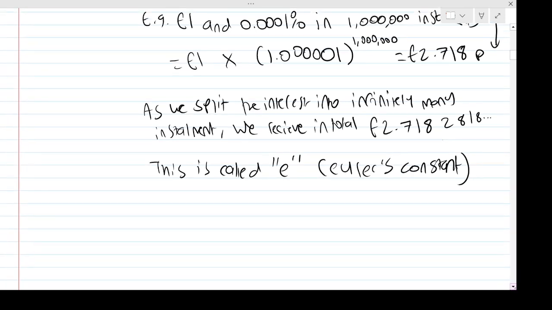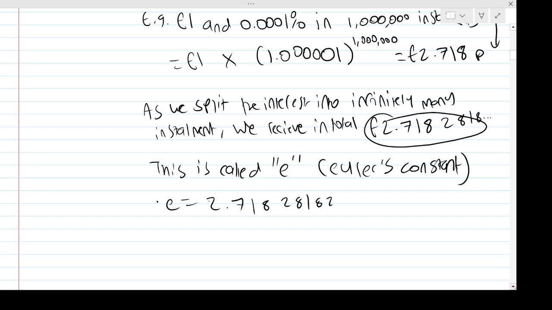So e is effectively this number here, 2.718281828. I got that from the calculator, and it's an ongoing decimal. It's an irrational number.